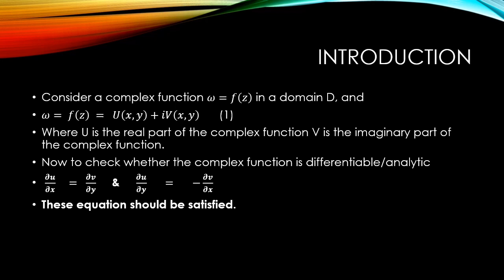Here u and v are functions of x and y, where u is the real part of the complex function and v is the imaginary part. To check whether the complex function is differentiable or analytic, the equations must satisfy that curly u over curly x must be equal to curly v over curly y, and curly u over curly y must be equal to minus curly v over curly x. These equations should be satisfied.